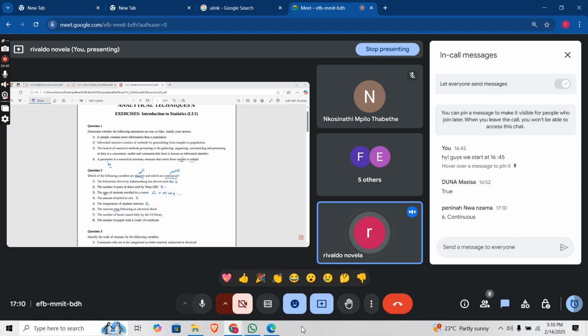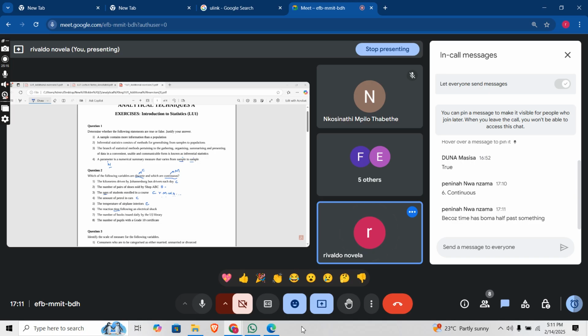Can you please give an explanation why you say so? It's very important for you to give an explanation, because I know answers are there at the bottom of the document, but they do not have reasons why. So it's very important for you to know the reason behind the answer. Because time, yeah, that's very true.